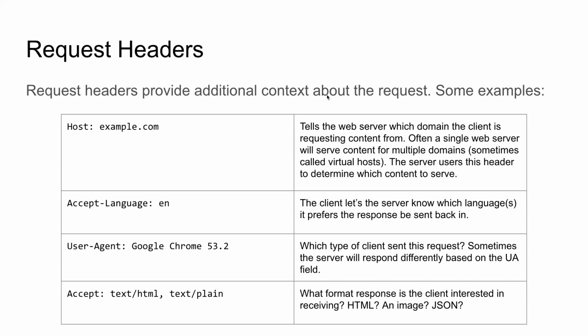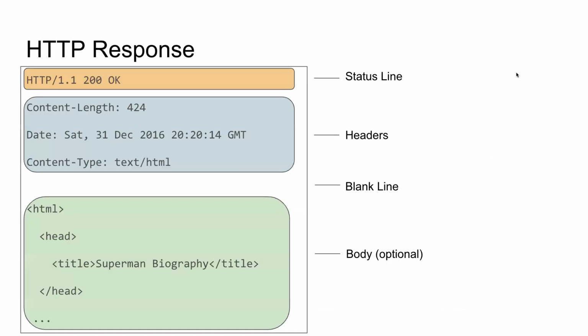And Accept, which can equal text/HTML or text/plain, is representative of what format response the client is interested in receiving: HTML, an image, or JSON. Awesome. Thank you, Frank. Appreciate it.